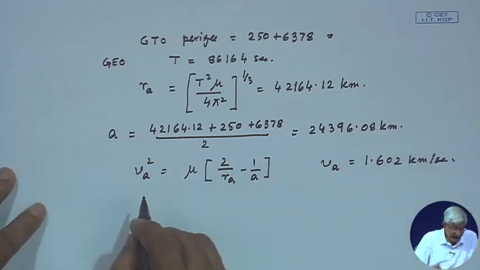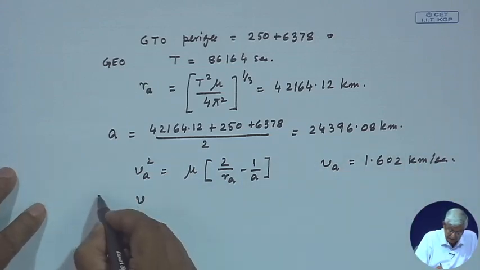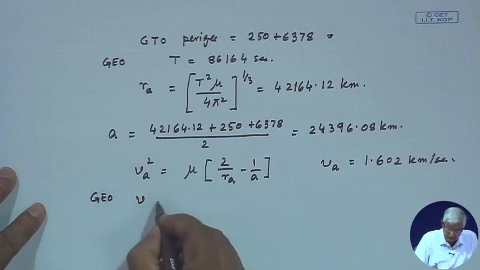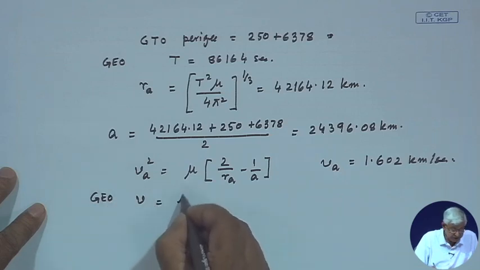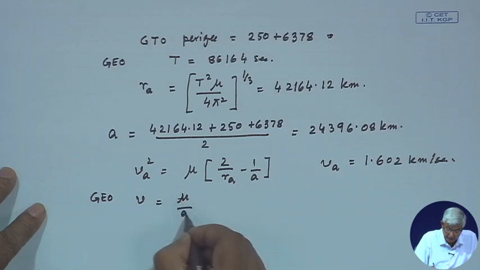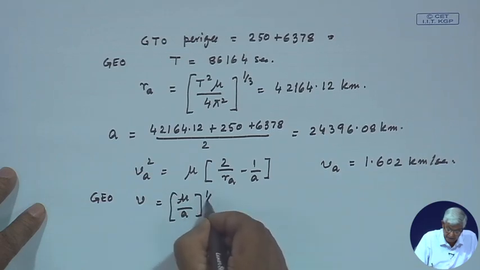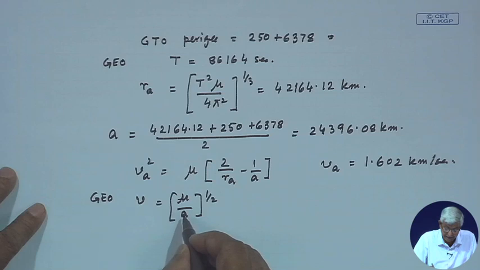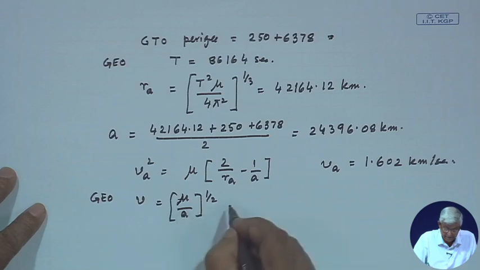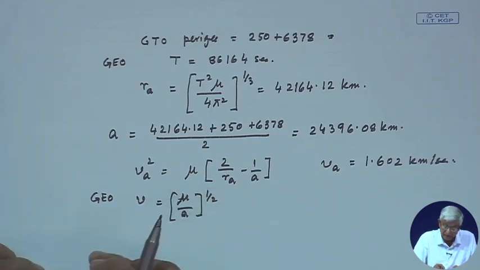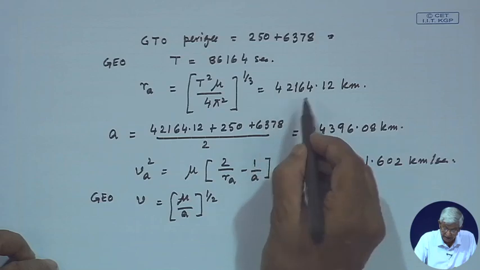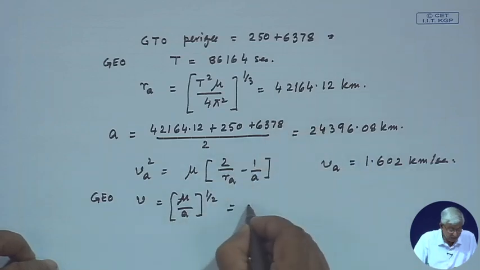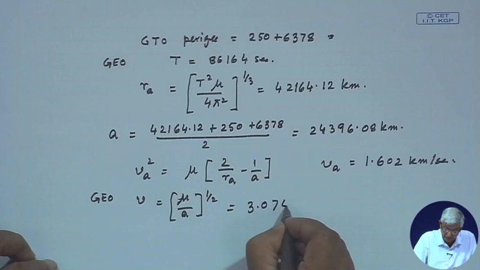Right. And the velocity of a GEO, which is a circular orbit, is (mu by R A) to the power half, and by using this value of mu and R A, it comes to 3.074 kilometer per second.